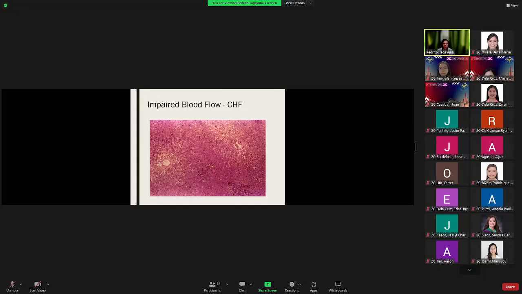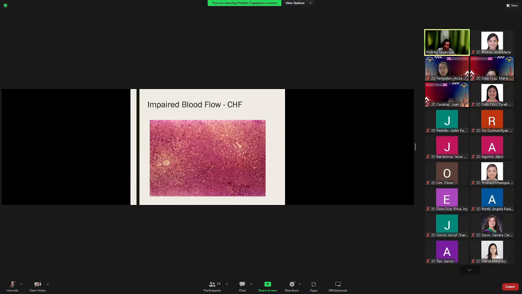Another is impaired blood flow, also known as ischemia or ischemic injury to the hepatocytes. The liver is a very complex structure. It is composed of hepatic lobules, and this is one hepatic lobule here, composed of cords of hepatocytes, and this is the hepatic triad.